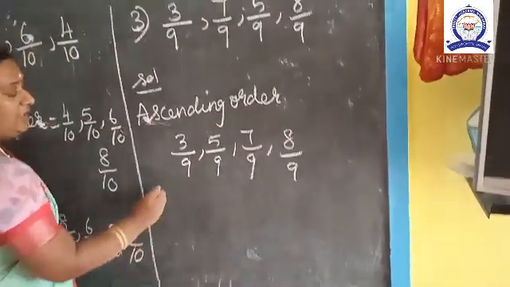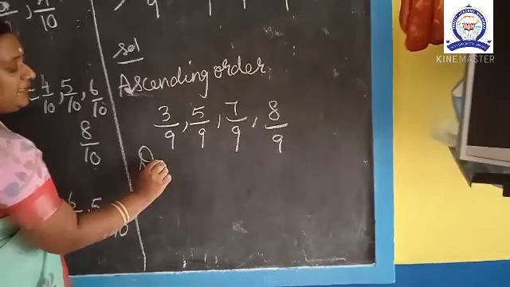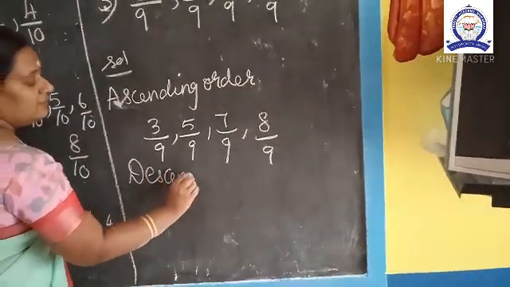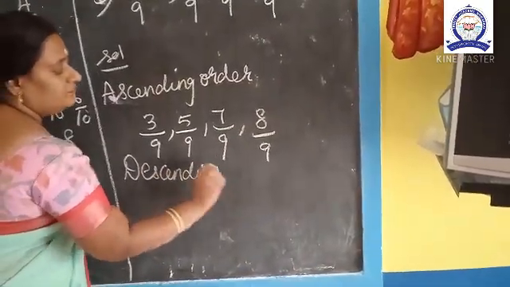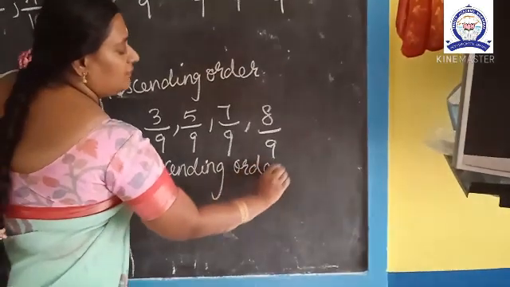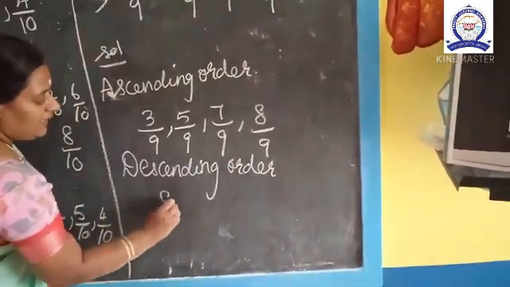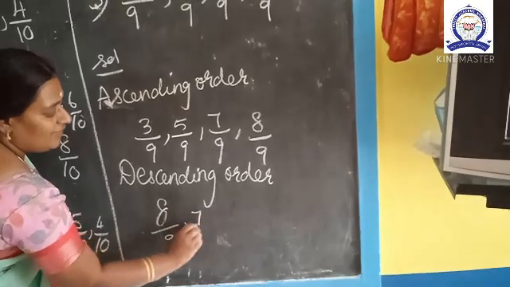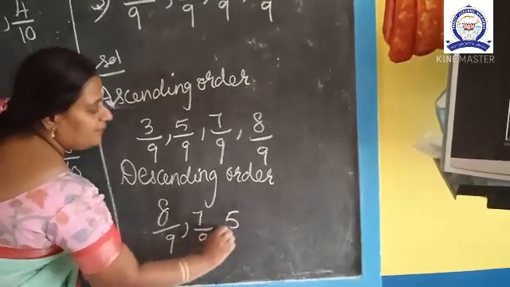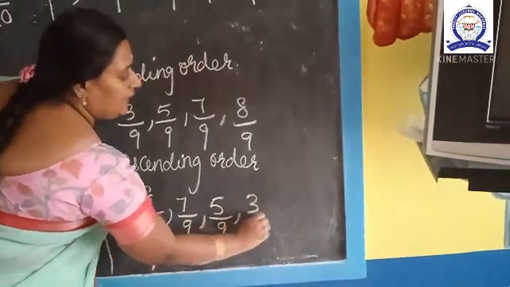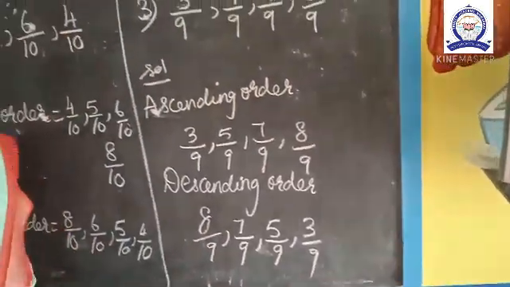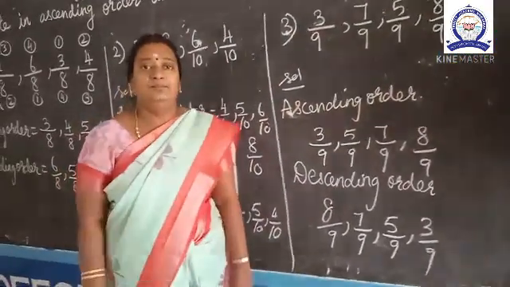So we arrange in ascending order. Similarly, descending order. Just reverse. 8 by 9, 7 by 9, 5 by 9, comma 3 by 9. Okay children, let us see another sum.